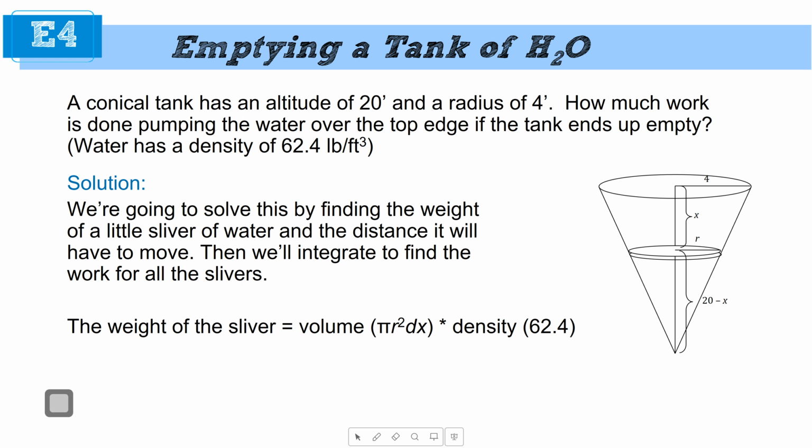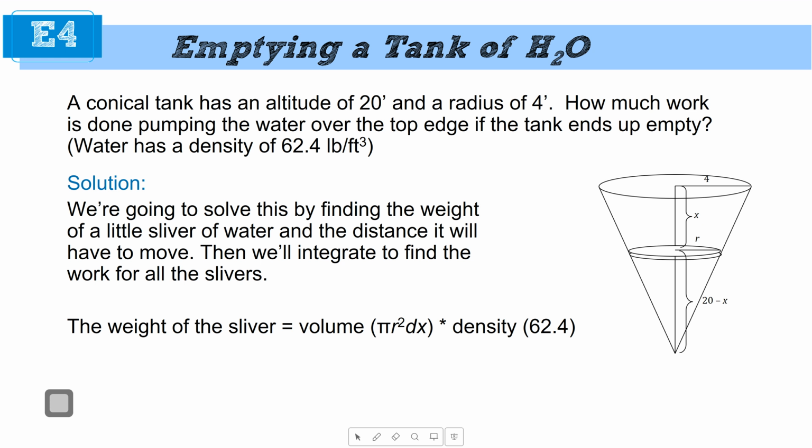Okay. Volume times density, and that's where the density comes into play in calculating the weight of that sliver. So notice that the volume of that disk is pi r squared dx, because I want a really skinny disk. We've talked about this when we did the volume of revolutions. The density is 62.4.